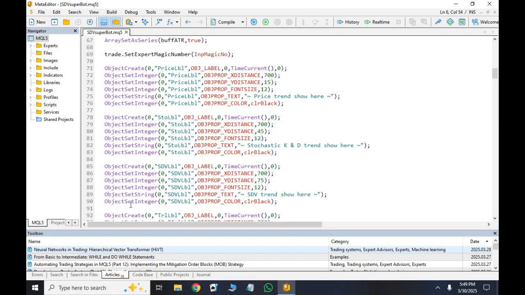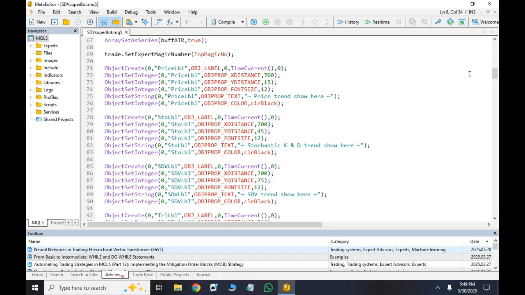On my desktop, 715 is better, so it is not hidden and shows in the correct place. That is the price label.